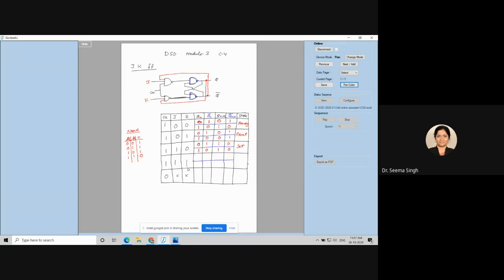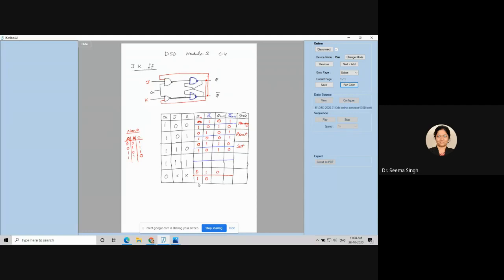So when it is a don't care, anybody tell me what will happen, which state it will be in? If clock is 0, what state will it be in? Memory state. Memory. Correct. So it will be in memory state. If it was 0, it will remain 0.